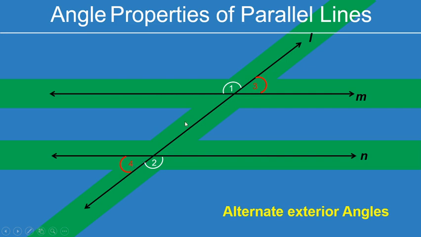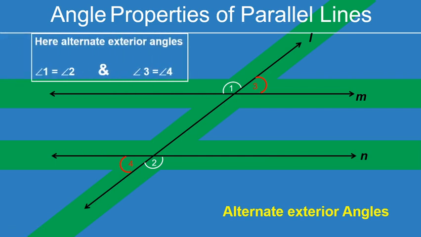So angle 3 and angle 4 are alternate exterior angles. What we have observed is, in case of line M parallel to N, the alternate exterior angle 1 equals angle 2 and angle 3 equals angle 4.